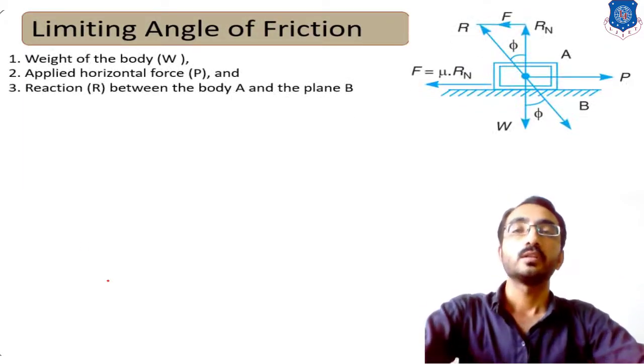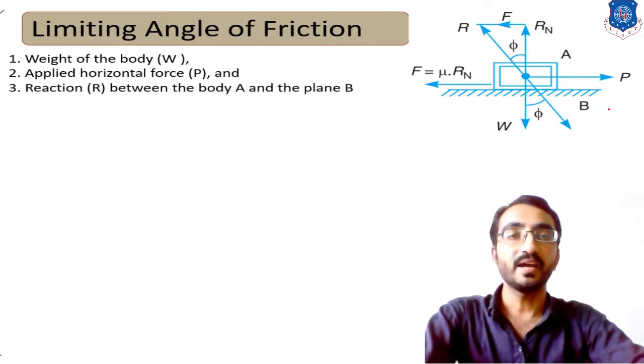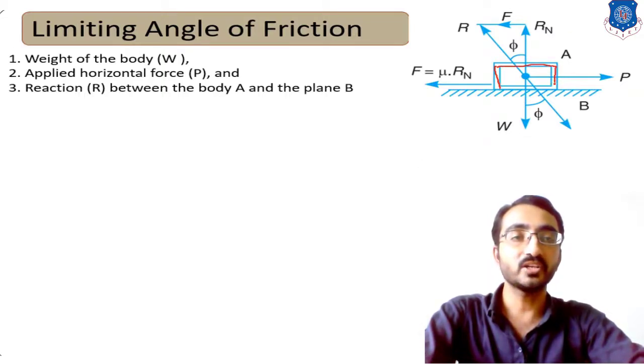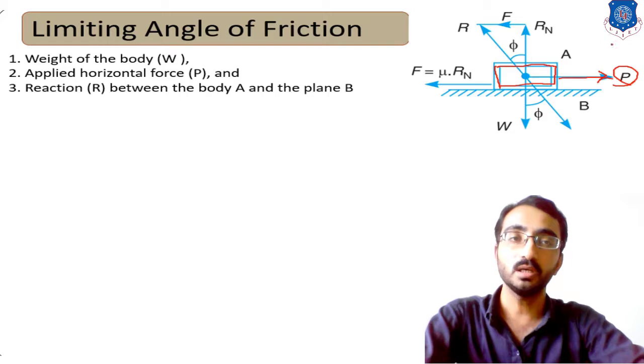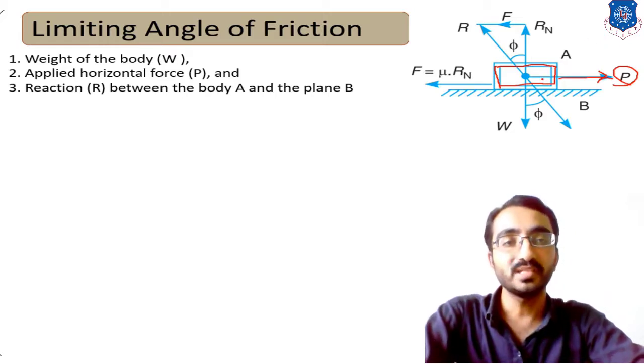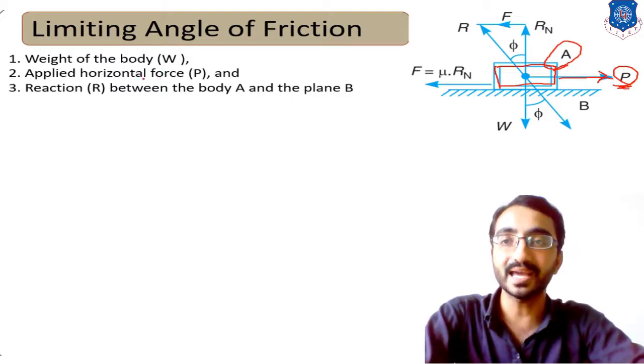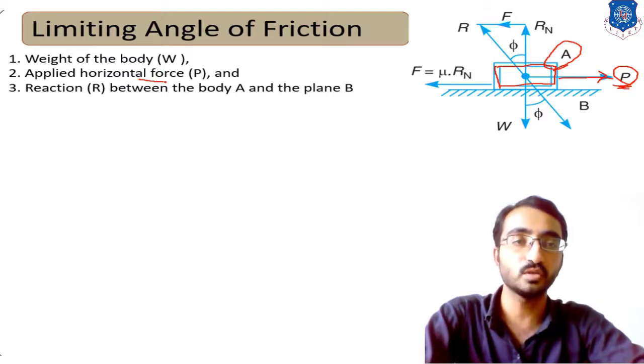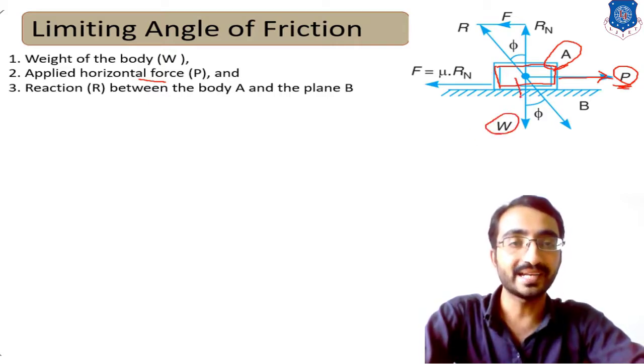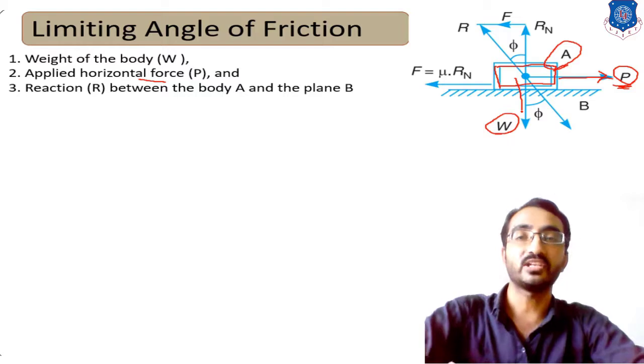The basic fundamental is that a body is moving in a horizontal direction due to the existence of an external force P. Let's consider a body A, which is subjected to external force P. P is the external applied horizontal force and W is the weight of the body, which always acts in the downward direction.